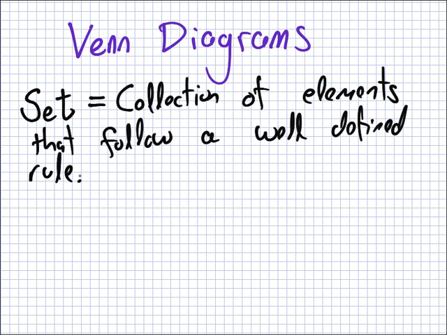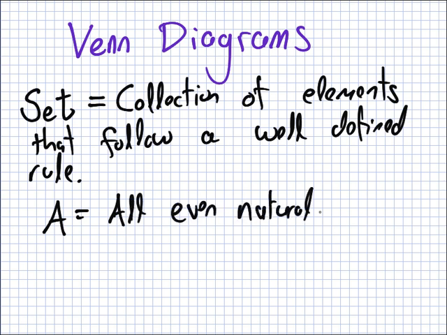Okay, so for example, here's set A. I could say it's the set of all even natural numbers. That would be a very clear set. So the way we represent sets, as you know, is with these curly braces.